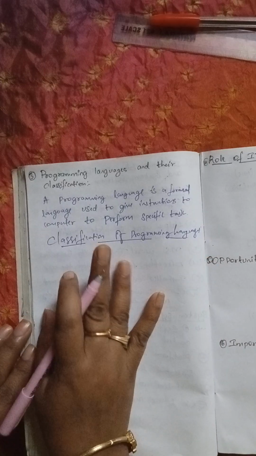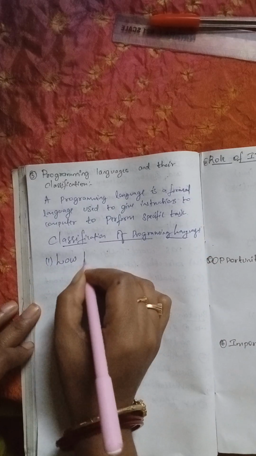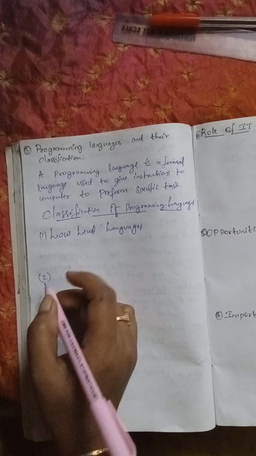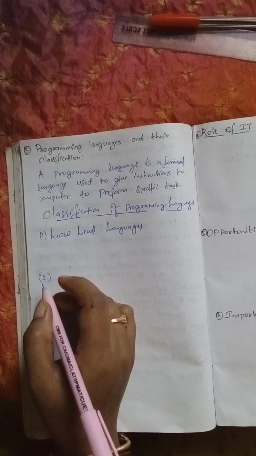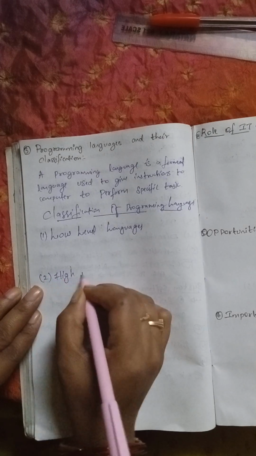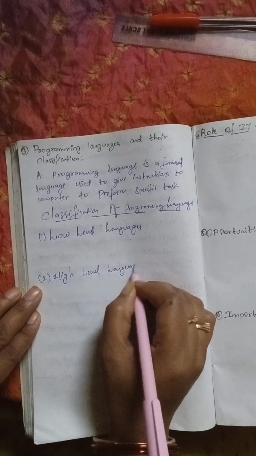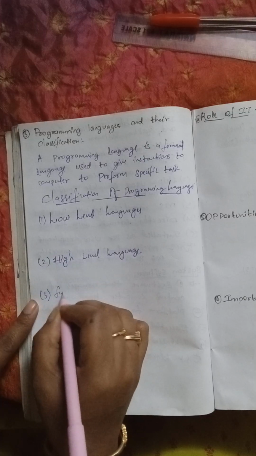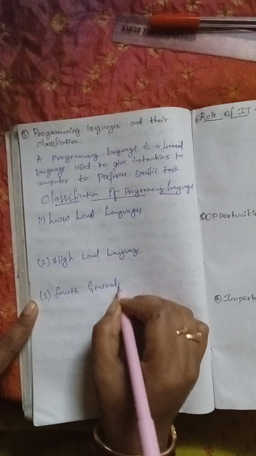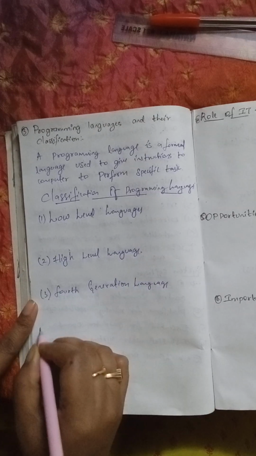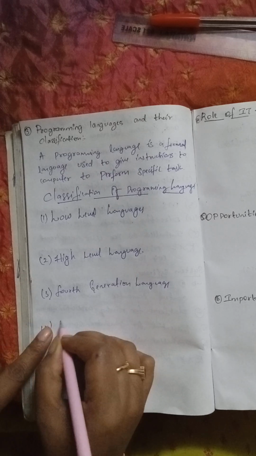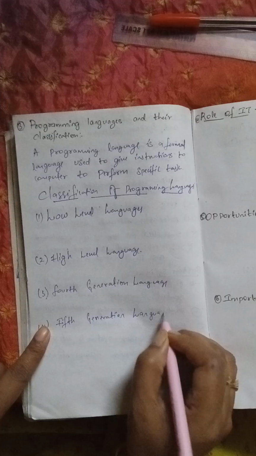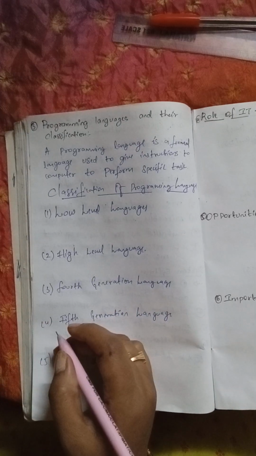The first one is low level language, the second one is high level language, the third one is fourth generation language, and the fourth one is fifth generation language, which is what we are using at present.